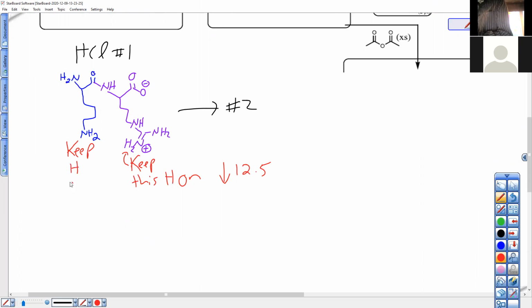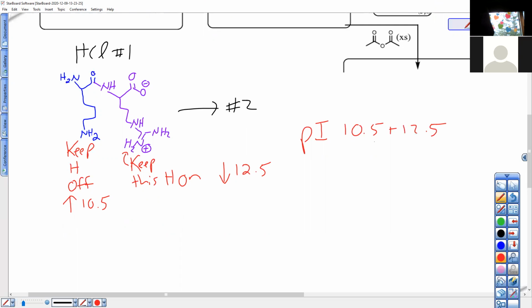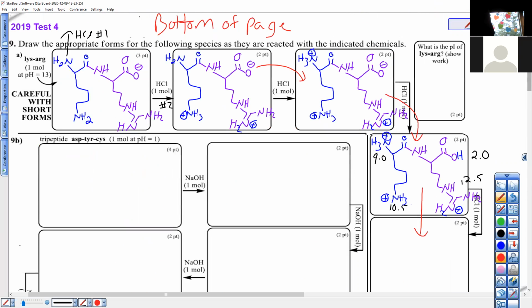Keep H off. So you have to be above 10.5. Sorry, above. Read my own symbols. Above 10.5, below 12.5. And that's 23 over 2. 11.5 exactly. Show work, see below.